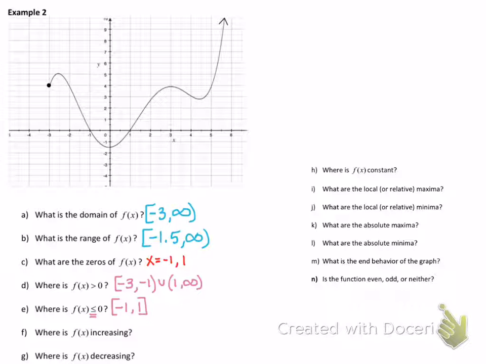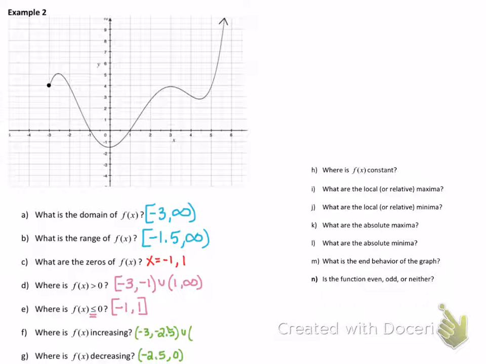Okay, so the first thing this graph does is increase. So it increases from -3, and again, at -3 it's doing neither, so -3 to -2.5, and then it's decreasing from -2.5 to 0.